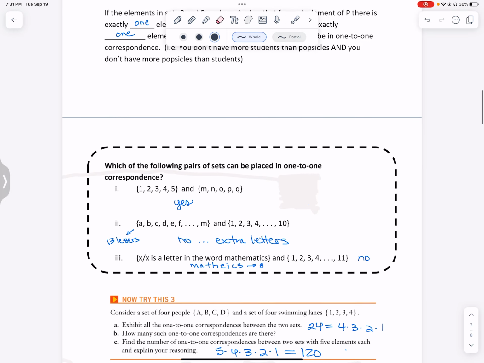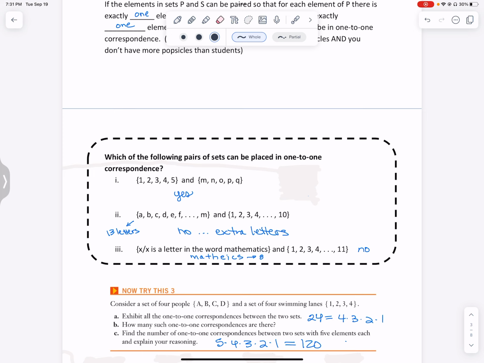So we want to find out if the following sets can be placed in one-to-one correspondence. Here's the first one: 1, 2, 3, 4, 5, and I'm going to see if they correspond to M, N, O, P, Q. Notice there are 5 in this one and 5 in that one.